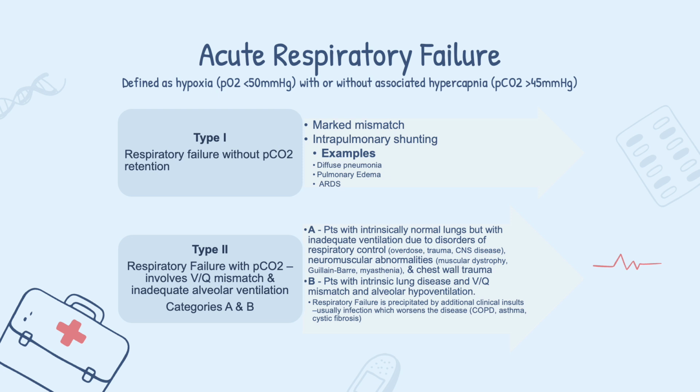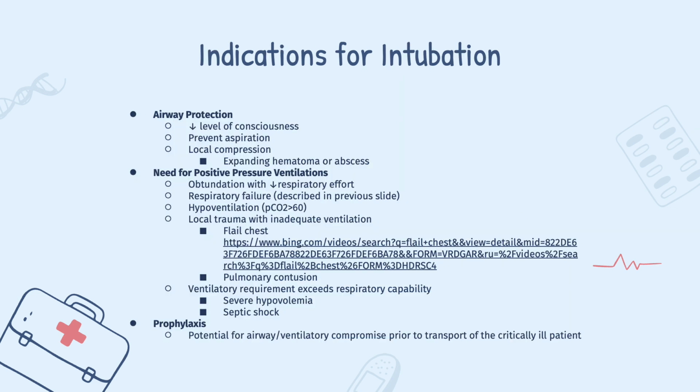If you have a patient who has chronic COPD that is now infected and having pneumonia, we're going to have a COPD exacerbation because of the pneumonia. So there is some kind of an intrinsic lung disease that's making this mismatch much worse.